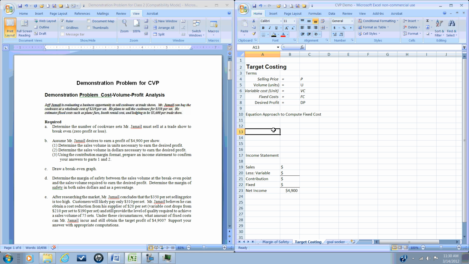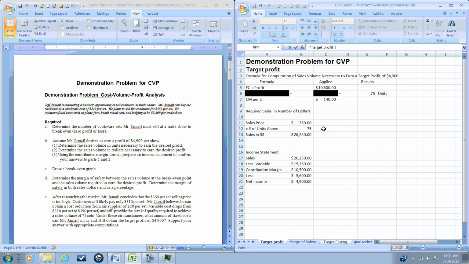So in this part of the problem, we're going to be reducing our purchase price to 310. Our volume will remain what we determined it was in our targeted profit analysis of 75 units.